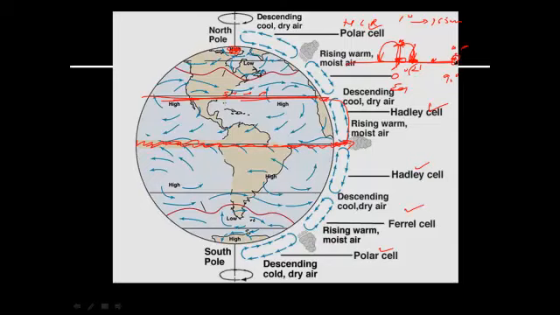So the wind starts moving from these areas of high pressure toward the equator, the low pressure area. Similarly, the air which subsided at this point, which creates the subtropical high pressure belt, starts moving toward the equator as well as toward the poles.